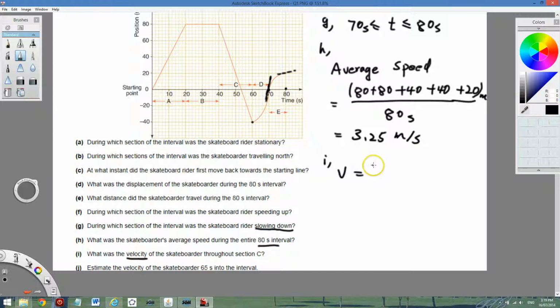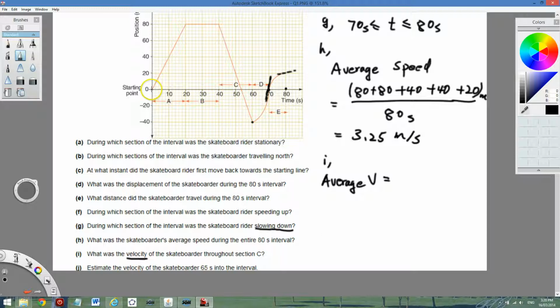The average velocity is the displacement divided by the time. So during the first 80 seconds, remember this is the average velocity. Don't be confused by what they're asking. This is the average velocity.